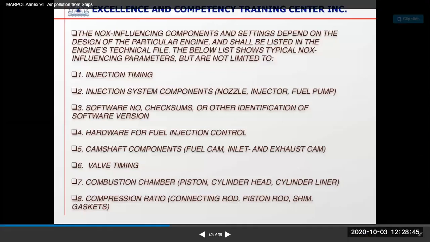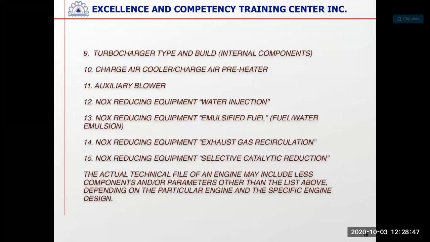much is the friction. Then turbocharger, what type it is and build, what type of air cooler is there or preheater is there, your auxiliary blower design, then what are the water injection NOx reducing equipments you are using, then emulsified fuel, what is your fuel water emulsion ratio, NOx reducing equipment for exhaust gas recirculation, are you using exhaust gas recirculation or not, because obviously exhaust gas recirculation will reduce your NOx emissions.